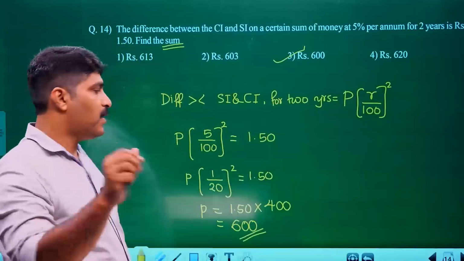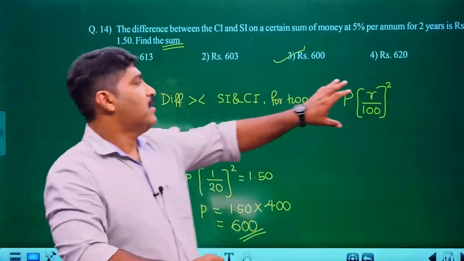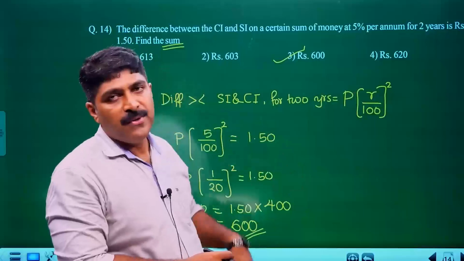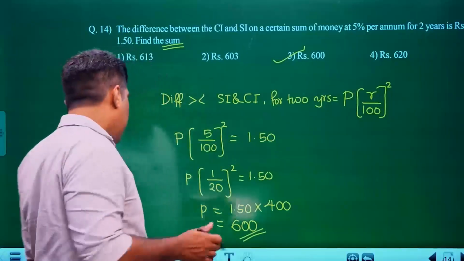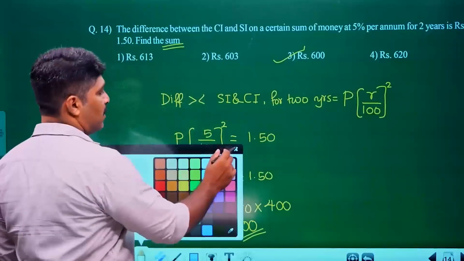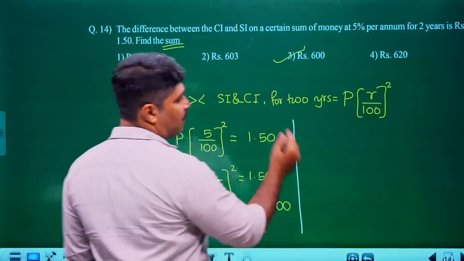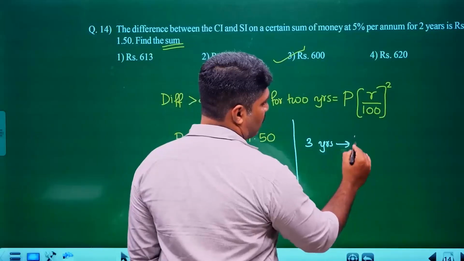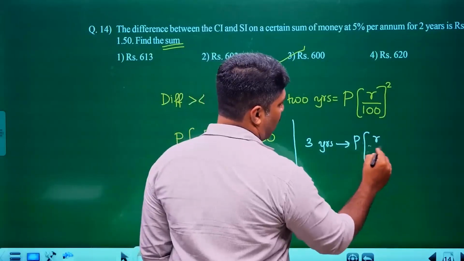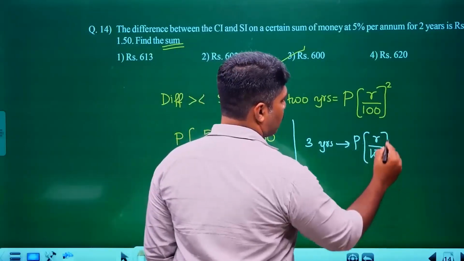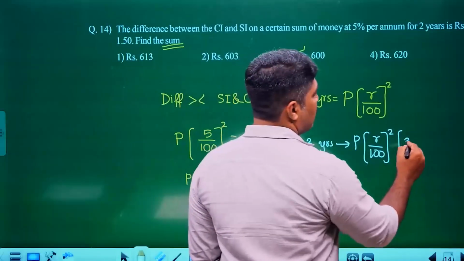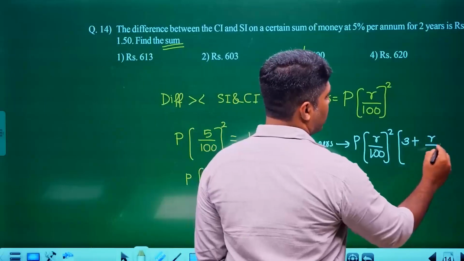So you have to keep this result in your mind, the difference between simple interest and compound interest for 2 years. So that is P into R by 100 the whole square. At this time, I just give you another result also. If we need to consider this difference for 3 years, what is the result? That is P into R by 100 the whole square into, there is an extension, that is 3 plus R by 100.